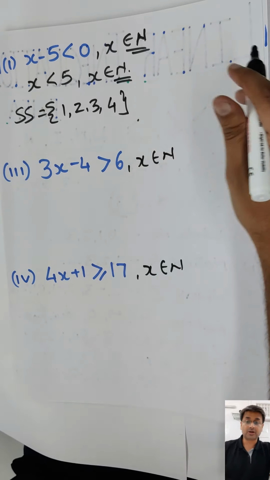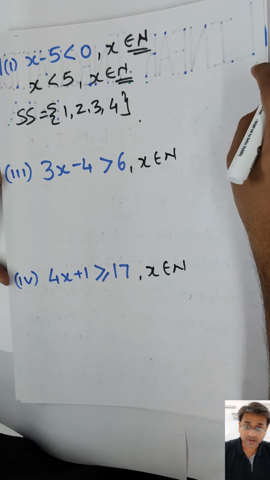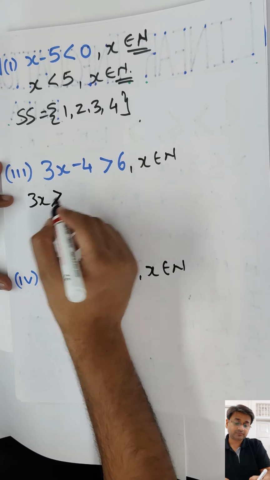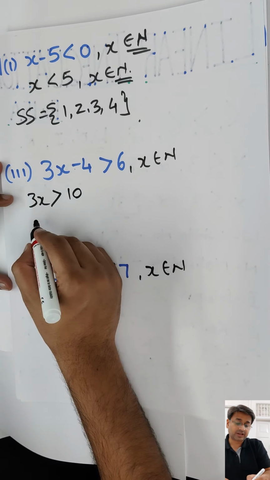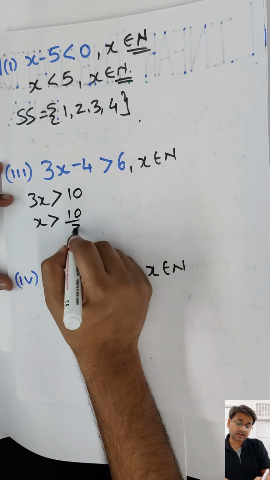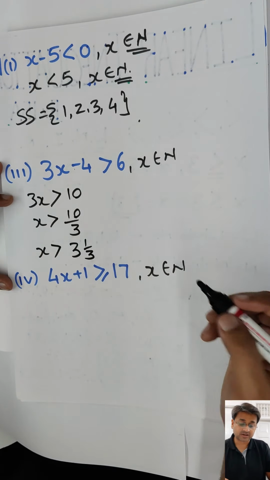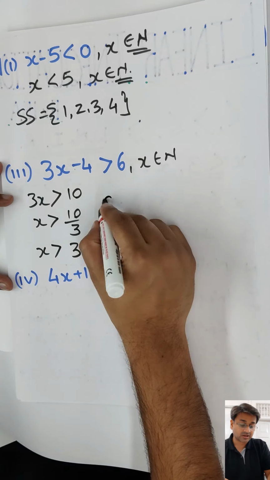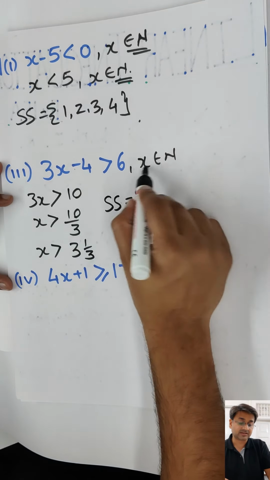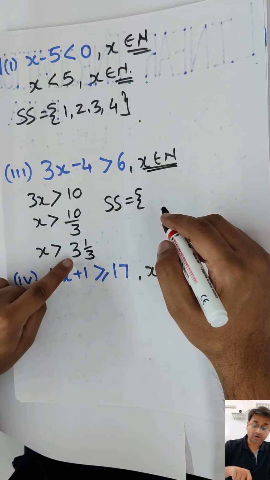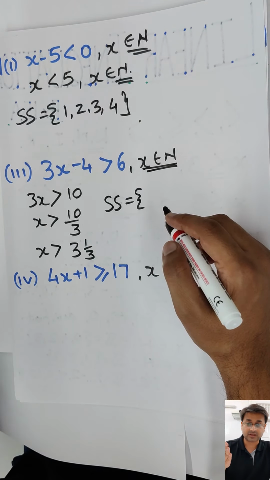So come on, 1 part 3 on your own without my help, can you manage? Let's see. So 3x, 4 goes on the other side, so 10. So x is greater than 10 by 3, so x is greater than 3 1 by 3. So what will be my solution set since it belongs to N? Natural numbers begin from 1, but here x already is greater than 3 point something, right?